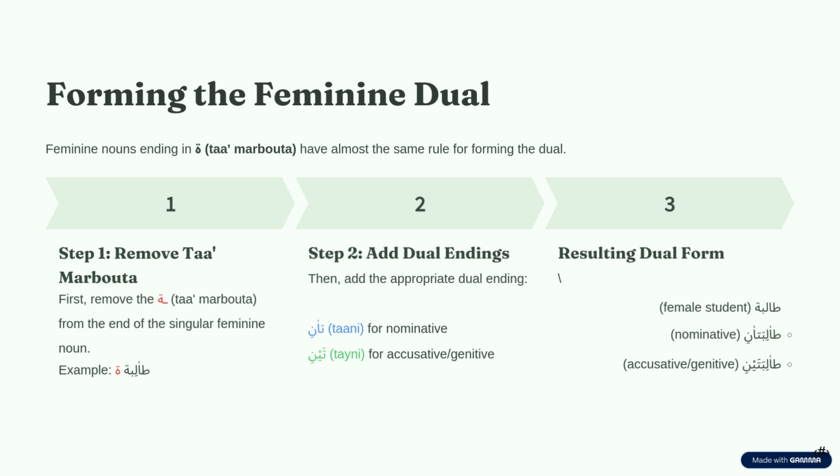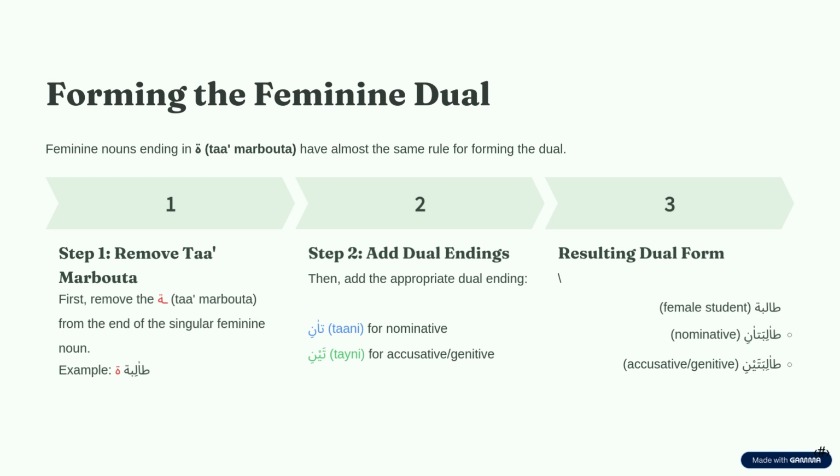And now we would like to add ani or aini like we did with the masculine, right? But think about it. You would want to add something after ta marbuta. That's not possible, right? Because ta marbuta comes only at the end. So ta marbuta is preventing us from this, so we're just going to remove it. So remove ta marbuta from the end of the singular feminine noun.